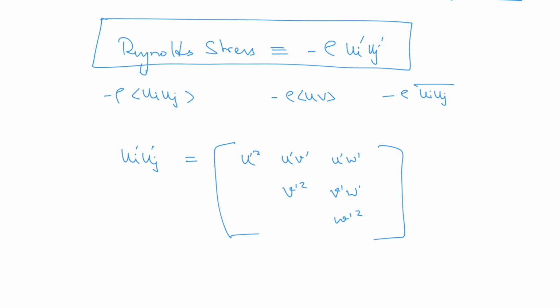Now we know that there are 6 terms in this. These will be the diagonal terms. These diagonal terms will represent the normal fluctuations.